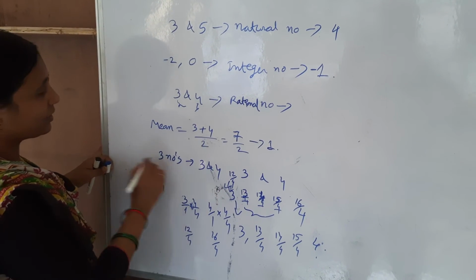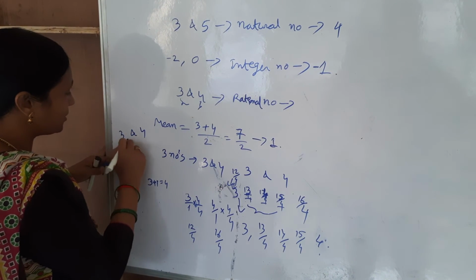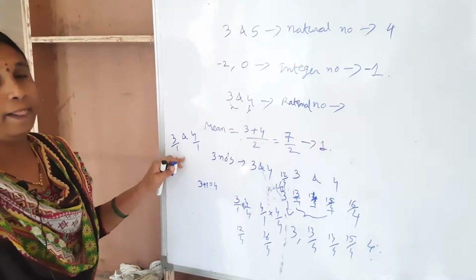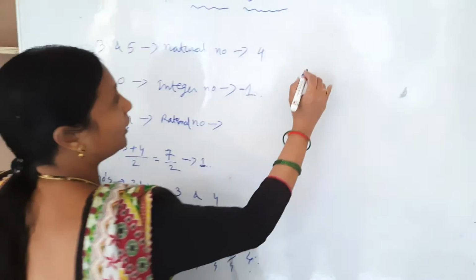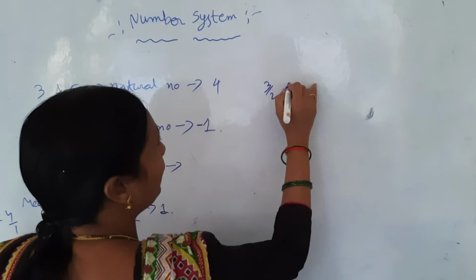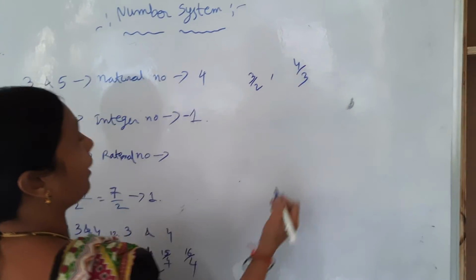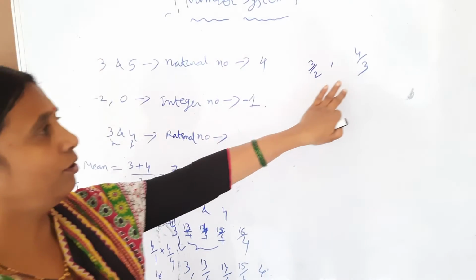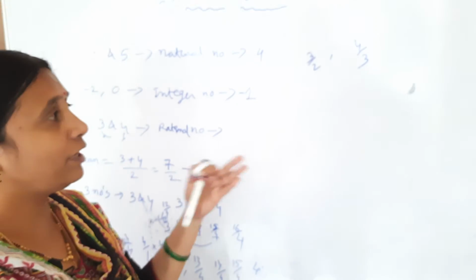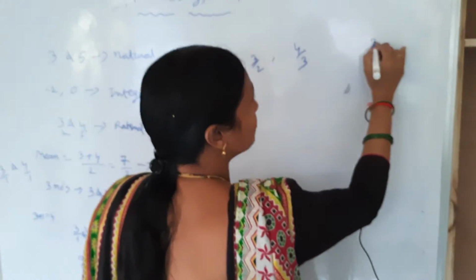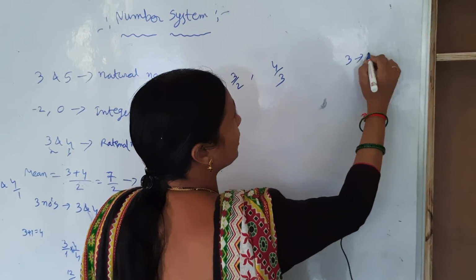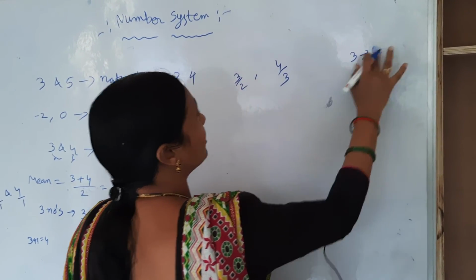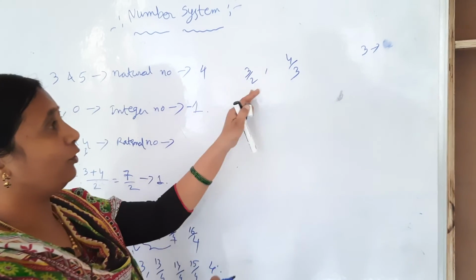Here the numbers 3 and 4 are 3 by 1 and 4 by 1. Now the denominators are different. Now I am taking 3 by 2 and 4 by 3. These are also rational numbers. How can we insert 3 numbers between 3 by 2 and 4 by 3?